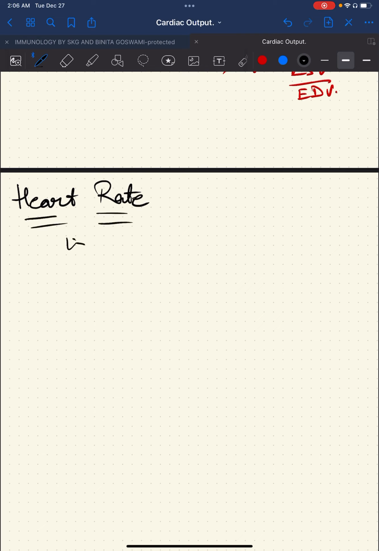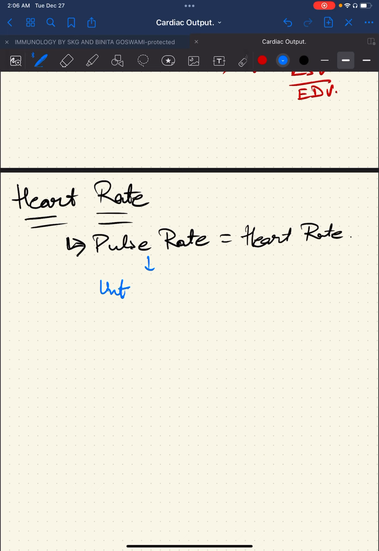Whenever you measure pulse rate, that is the same as heart rate, until and unless the heart is healthy.